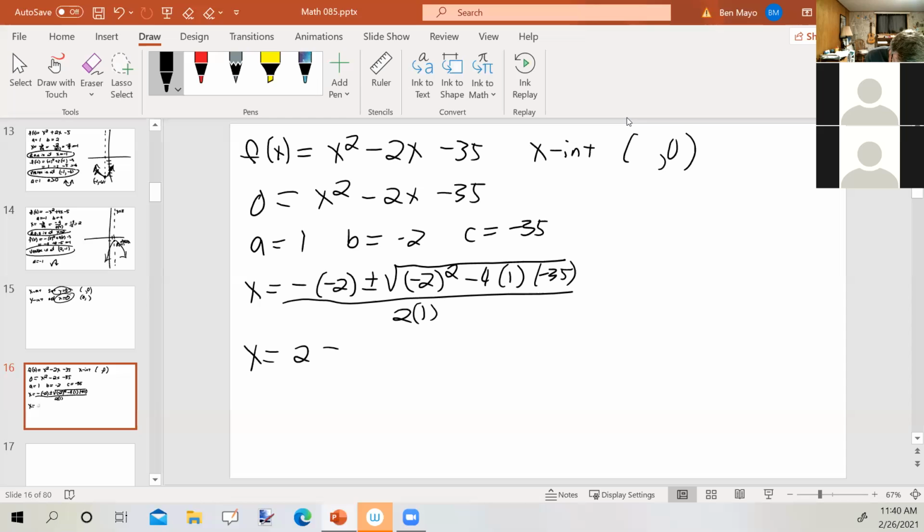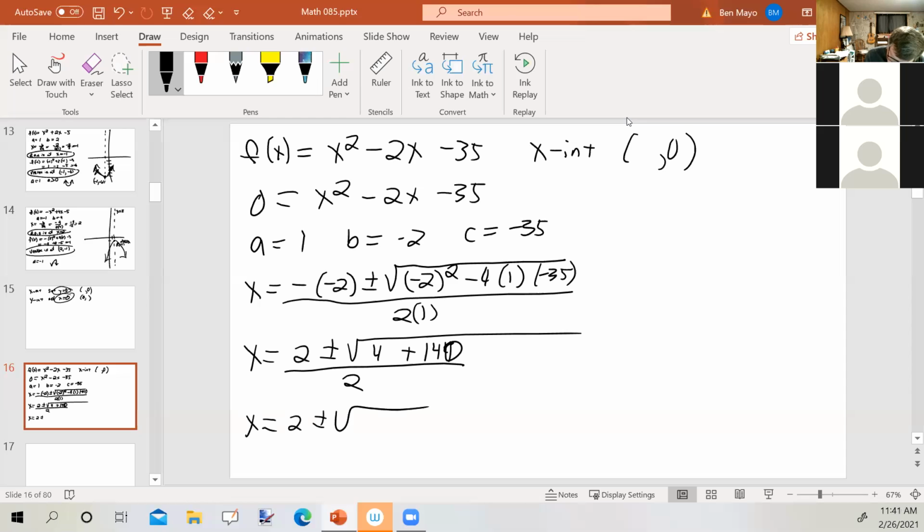X equals 2 plus or minus the square root of 4 plus, let's see, 4 times 35 would be 140, and negative times negative is positive, so 140. Oops, 140. Sorry, I'm getting ahead of myself there, all over 2. So x equals 2 plus or minus the square root of 4 plus 140, there's the 144, all over 2. So x equals 2 plus or minus 12 all over 2, because the square root of 144 is 12.